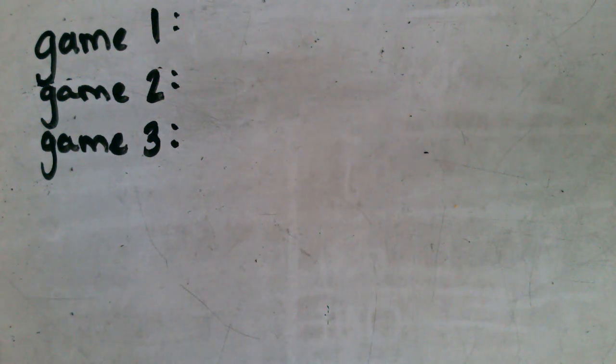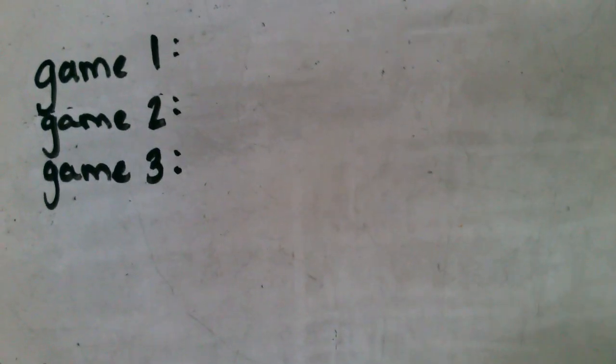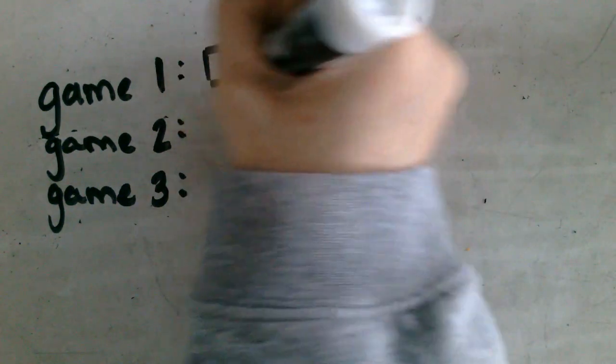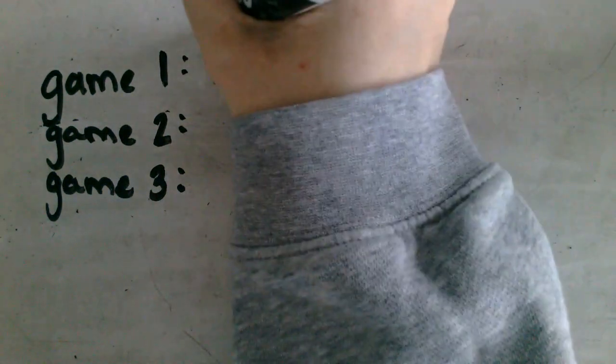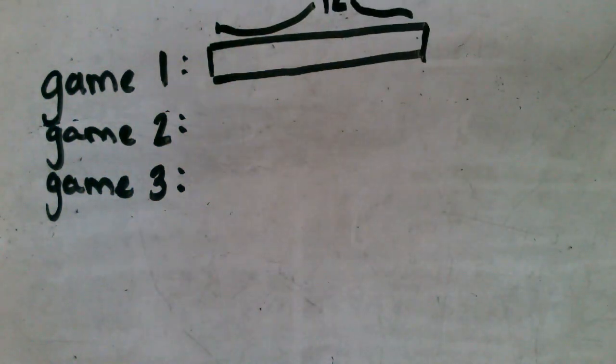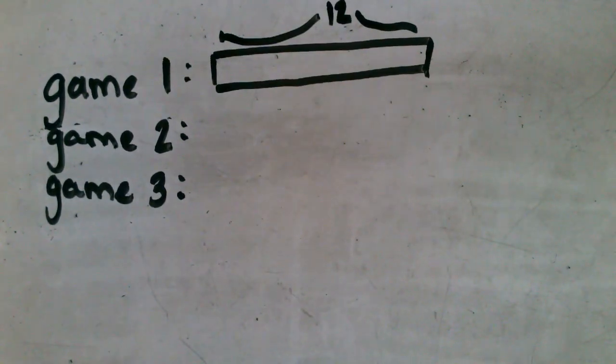We need to represent 12 in units of 2. Shift my whiteboard down a little bit. So we are going to draw our strip diagram out. And we know the total amount of points scored in this game was 12. Let's write that on our whiteboards now.